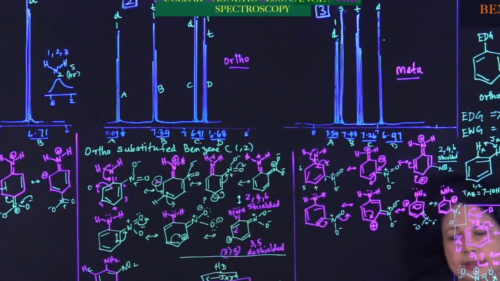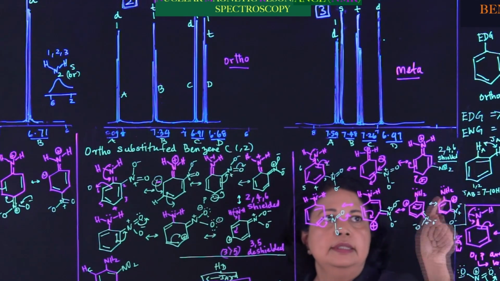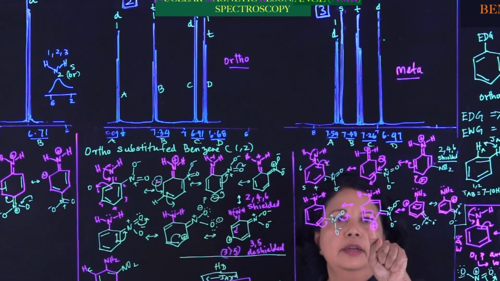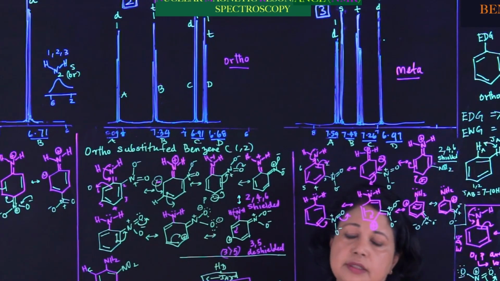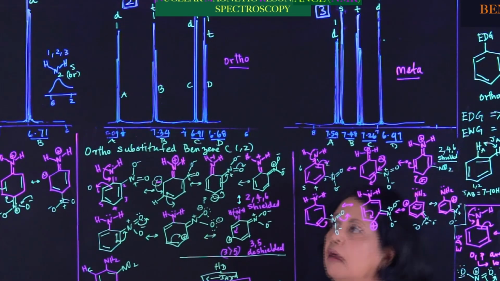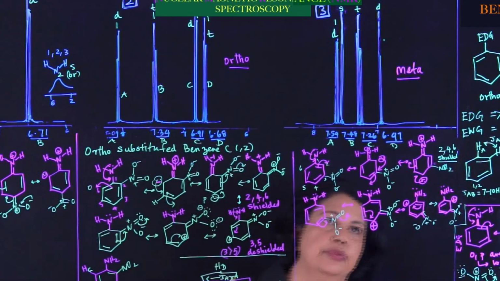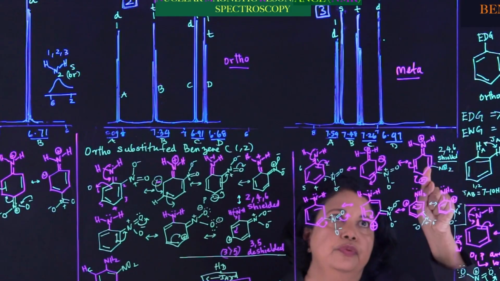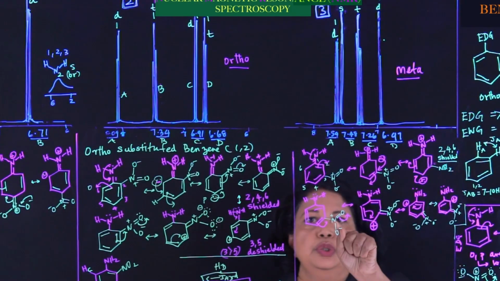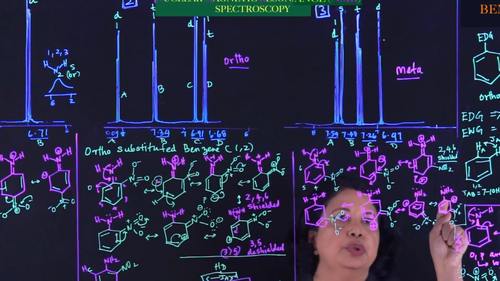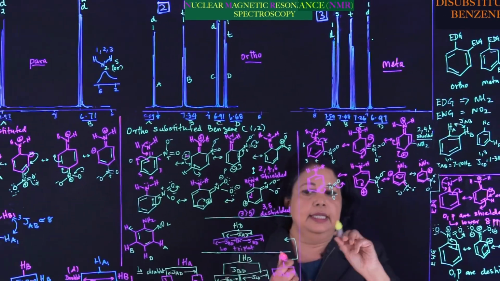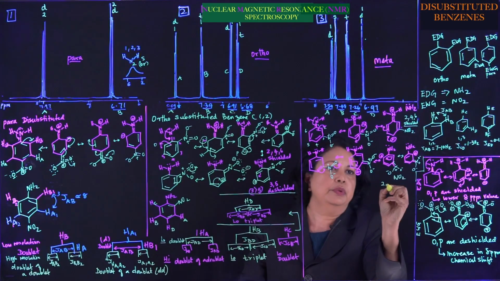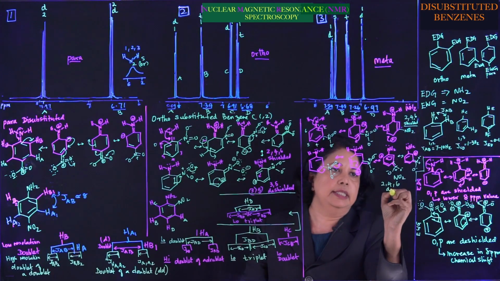Which ones? Well, 2 and 4 and 6. So this is not clear cut at all like your para and ortho. The NH2 is putting electron density on 2, 4 and 6. NO2 is putting positive on 2, 4 and 6. So we could say with the NO2, 2, 4, 6 would be deshielded.